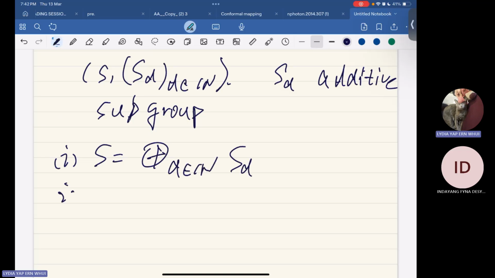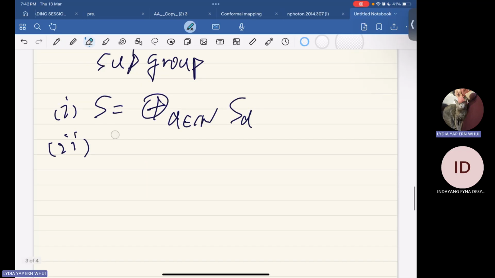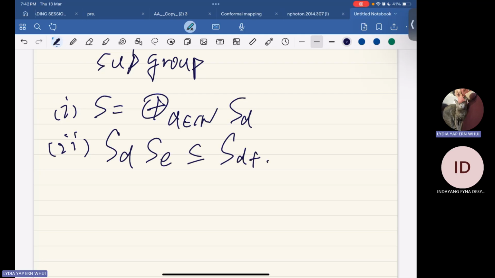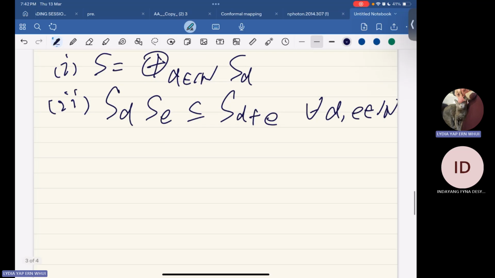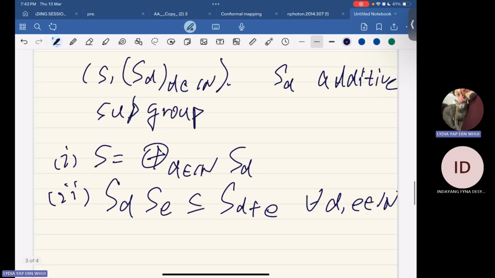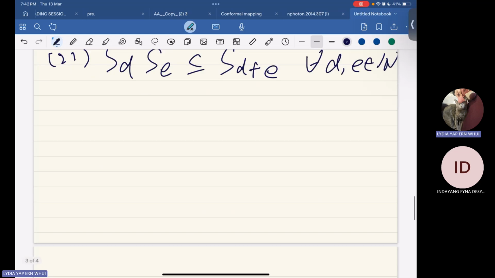And our second condition is that S_d times S_e lives in S_{d+e}. And this works for all d and e in N. And there is a little remark that we say that S_d are additive subgroups, so it will satisfy that 0 lives in every S_d.